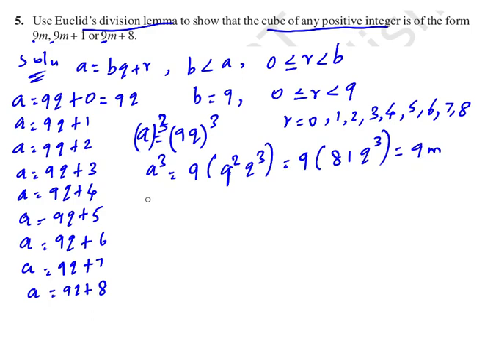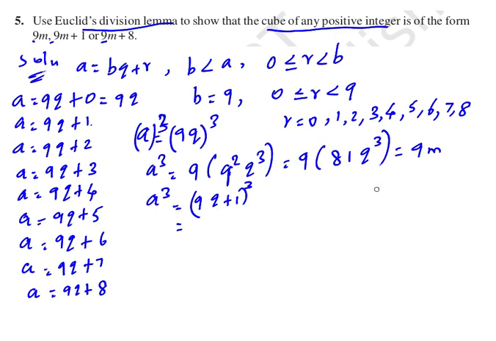Next, second case, a cube equal to 9q plus 1 the whole cube. We'll cube on both sides for the second case. We expand this right hand side. What is the formula for a plus b the whole cube? a cube plus b cube plus 3a square b plus 3a b square.